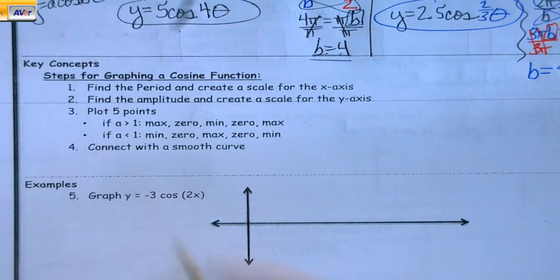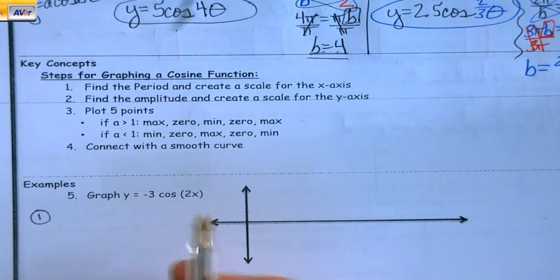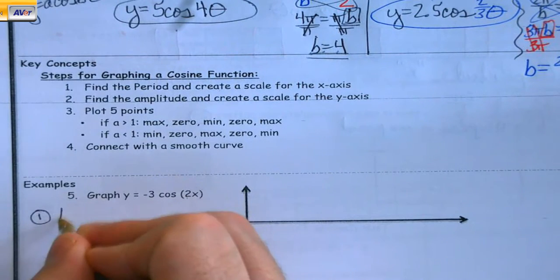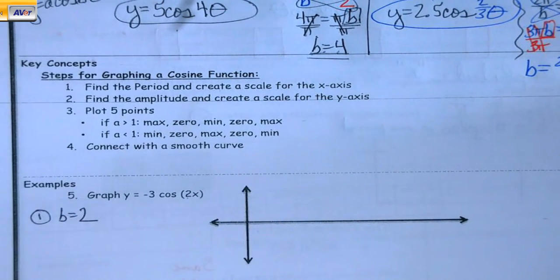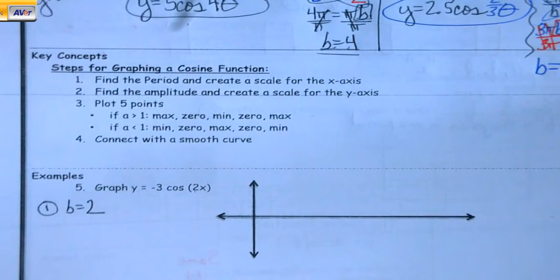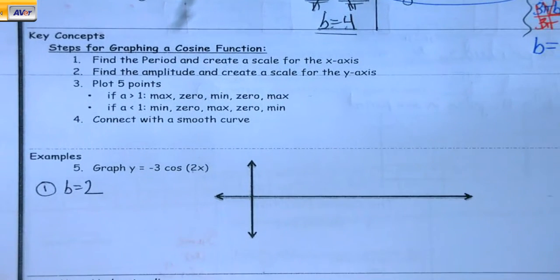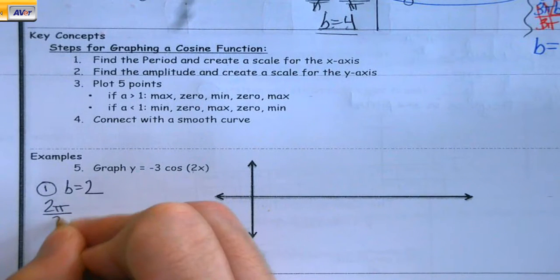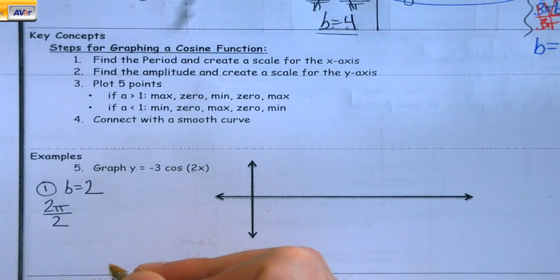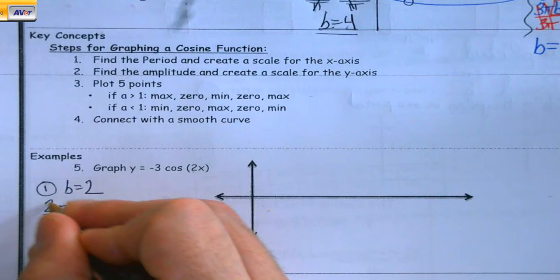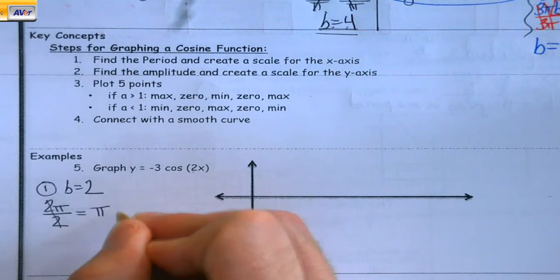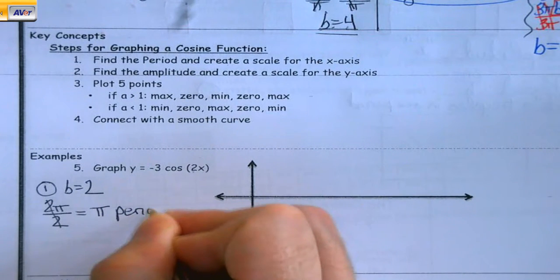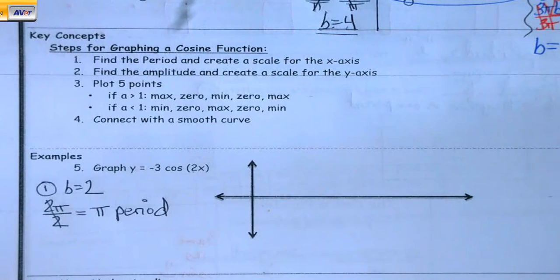First thing I'm going to do, I find my b value. My b value is 2. So once I do that, 2 pi over b. Just cancel and just give me pi. And that is my period.